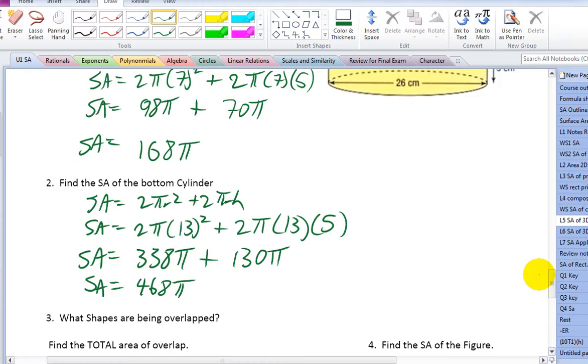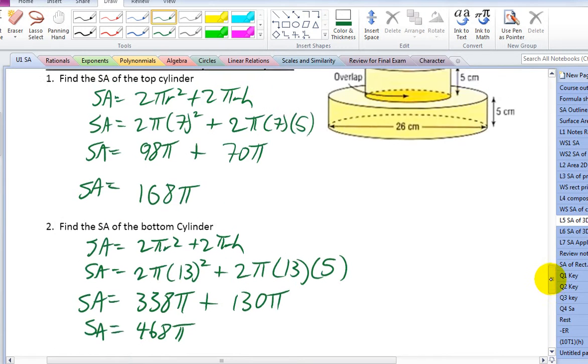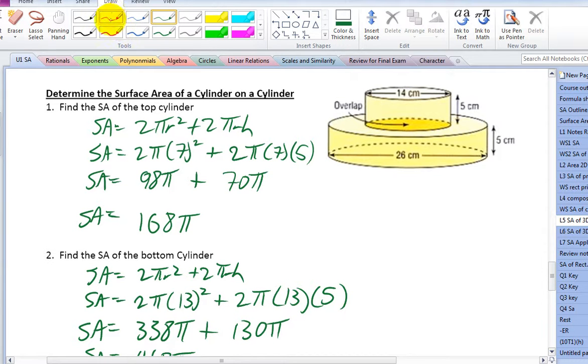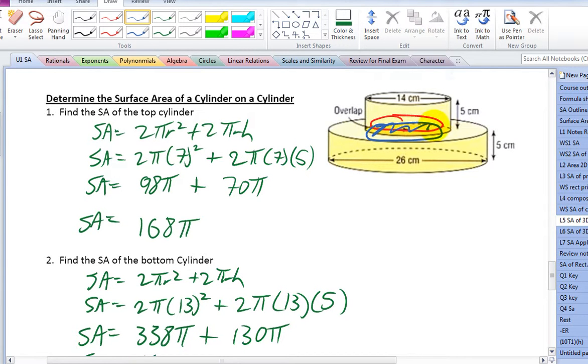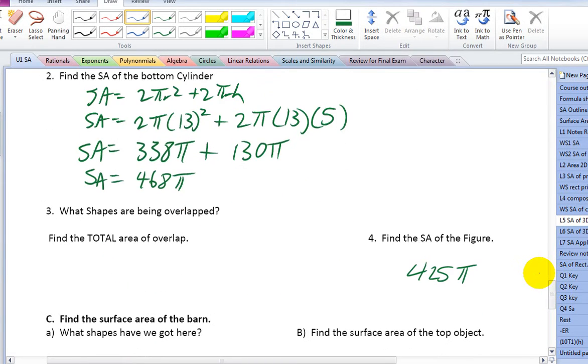You guys okay? So then for the overlap, what's being overlapped? Well, there's a circle here on the top cylinder and a circle here on the bottom cylinder. It's also covering up. So it's going to be what? 2 circles. Okay.